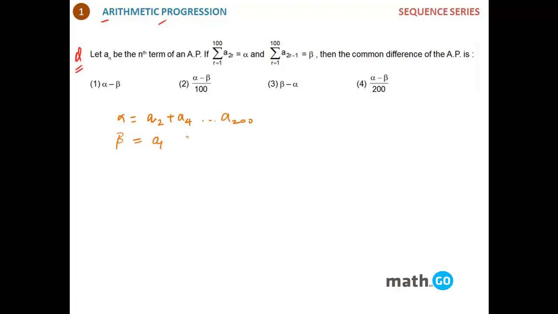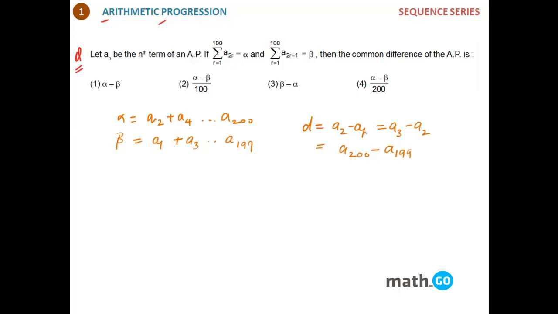Beta is a1 plus a3, and it will go on till a199. Now our target is to find d. So what is d? d is nothing but the difference of two consecutive terms if we start writing like this. And this could be valid for a200 also, a200 minus a199.